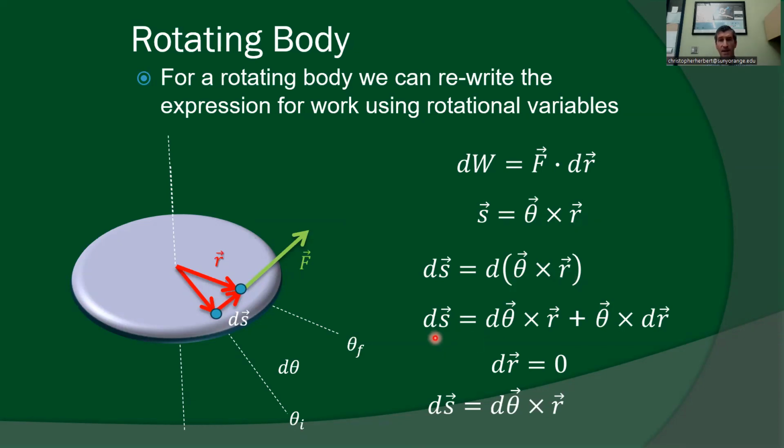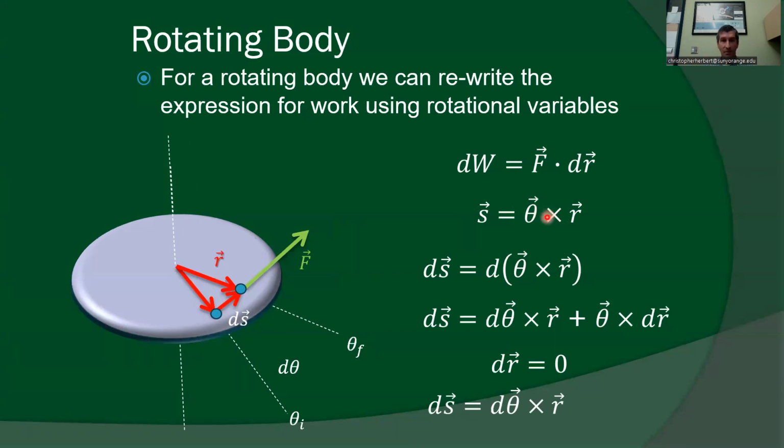If we break this down, we take the derivative of d theta cross r, which gives d theta cross r plus theta cross dr. By the way, thinking about the theta direction, by the right-hand rule, any rotation is in this vertical direction.